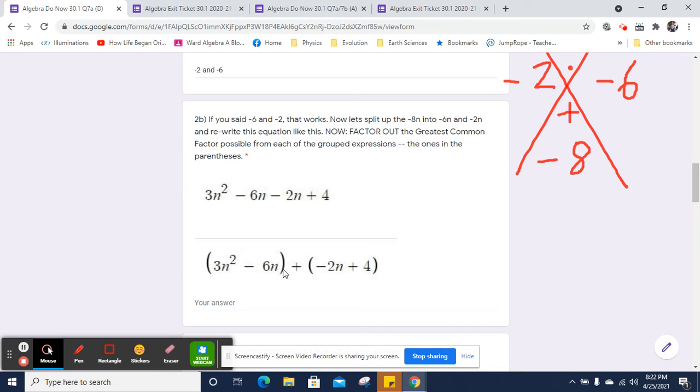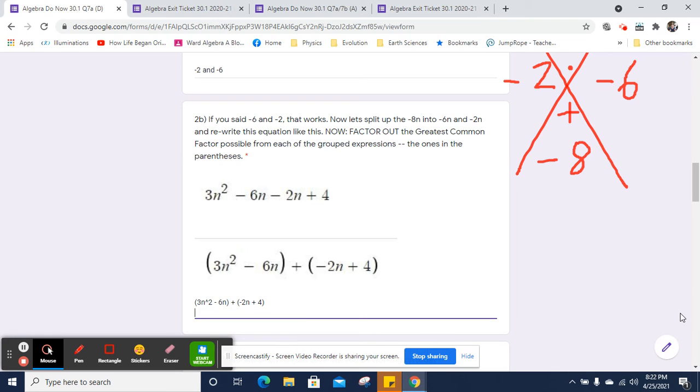And now our job is to factor out the greatest common factor from each of these little binomials here. So I've got 3n squared minus 6n, and then that's plus negative 2n plus 4.